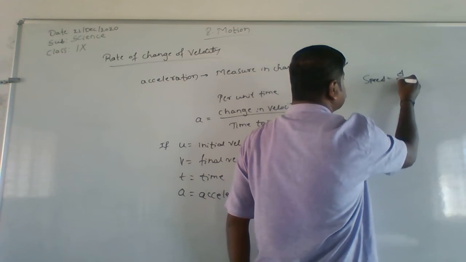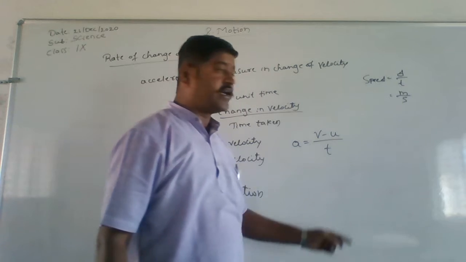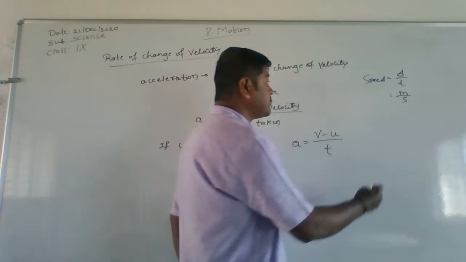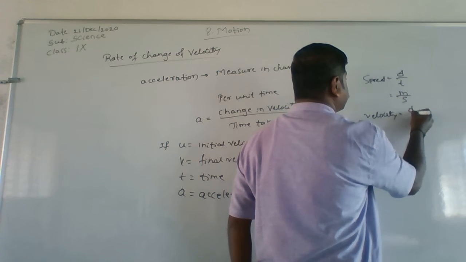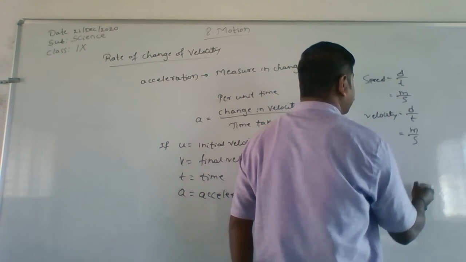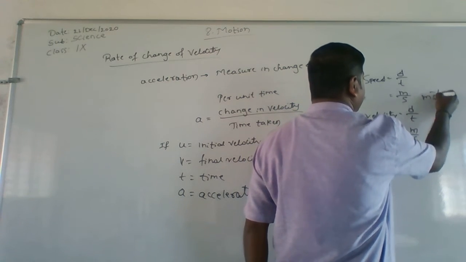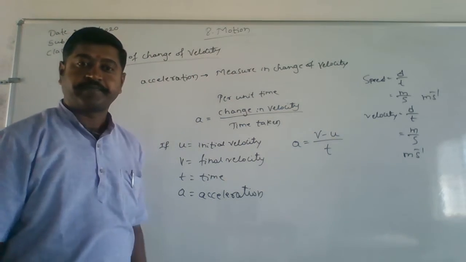Speed is distance by time. That is, distance is in meters and time is in seconds. Then velocity. Velocity is also displacement by time, that is meter per second, right? We have written meter per second like this, m into s raised to minus 1.